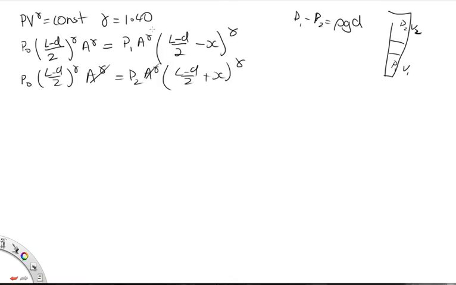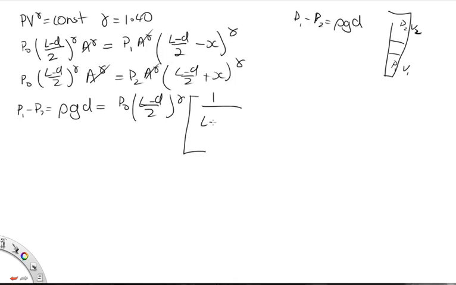Okay, the A to the gammas cancel out. And then we've got P1 minus P2 is equal to rho g d, which is equal to P naught times L minus d over 2 to the gamma, which happens in both these ones, and then we've got 1 over L minus d over 2 minus x to the gamma, minus 1 over L minus d over 2 plus x to the gamma.